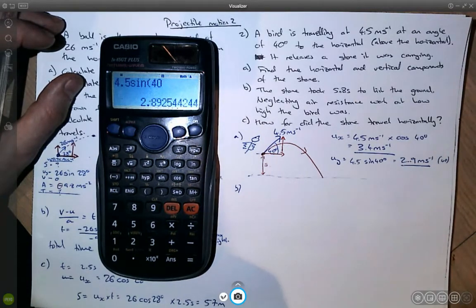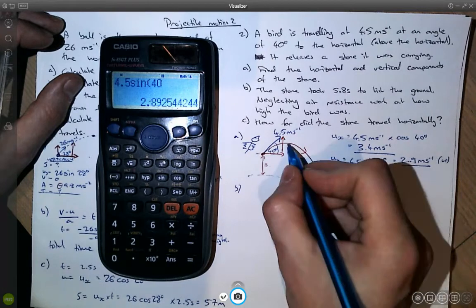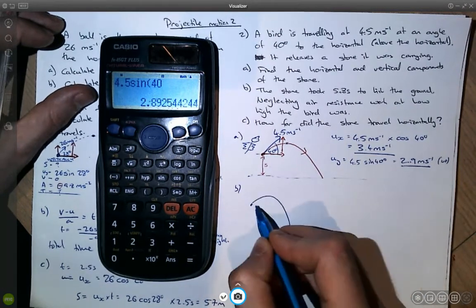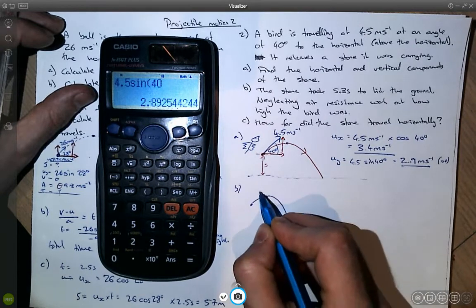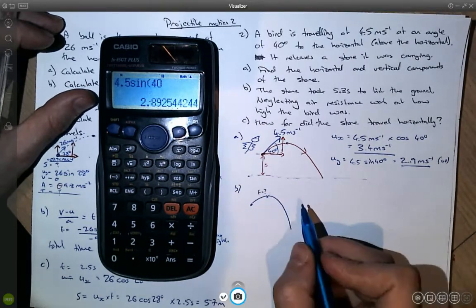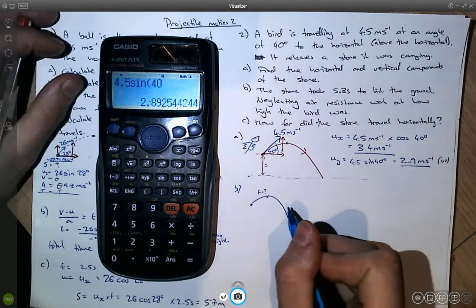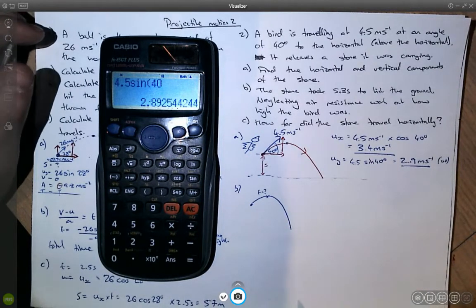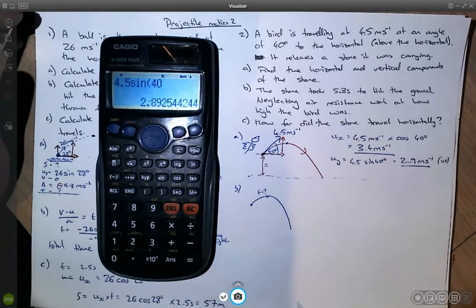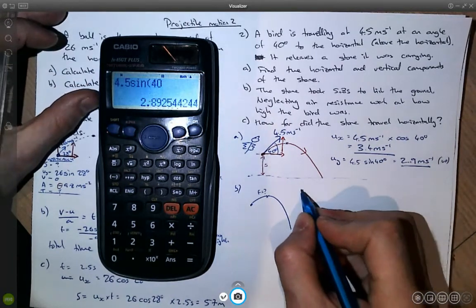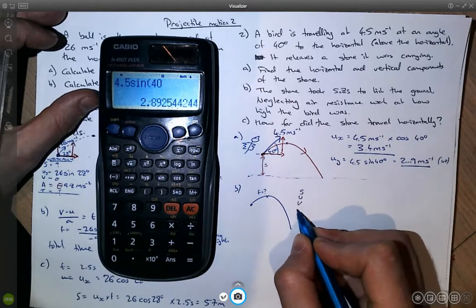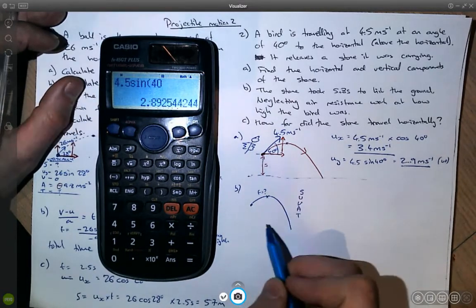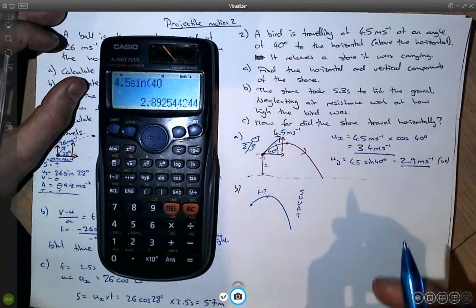So what we really need to do is work out the time it takes to go to this point here, and then we can work out the time it takes to fall down. Or we can use a bit of a trick here. We can use a SUVAT equation and we can use the fact that vectors apply. So there's nothing wrong with doing it in two stages, completely fine, but this is a bit quicker.